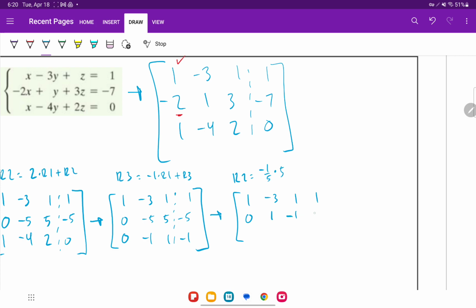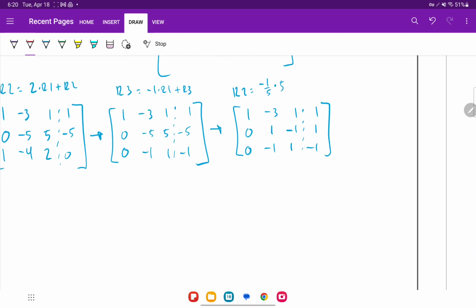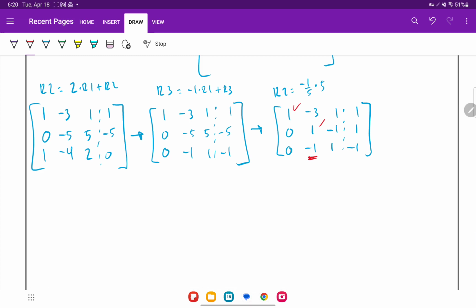And -5 times -1/5 is 1. And now we're going to rewrite our last row. And then last, because now we have 1, 1, which is good, we got to make this a 0. So the last thing we're going to do, for row 3, to make that negative 1 a 0, we're going to add row 2 to row 3.